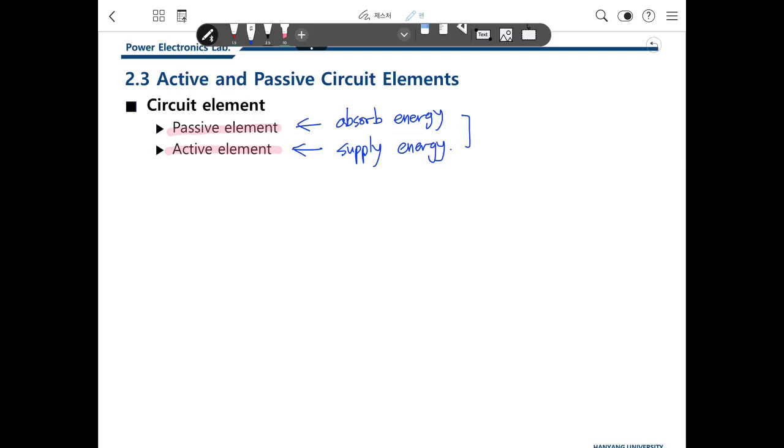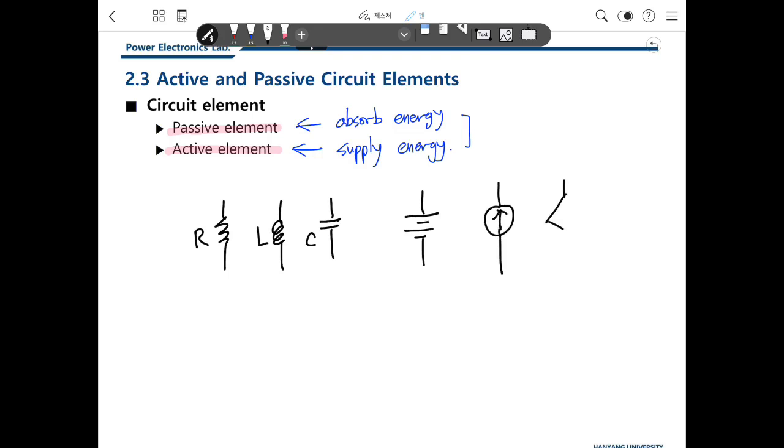Actually, there are many electric circuit elements, like the resistor R, and inductor L, a capacitor C, and some voltage sources, and some current sources, and dependent voltage sources, and dependent current sources, and coupled inductor, or transformer.